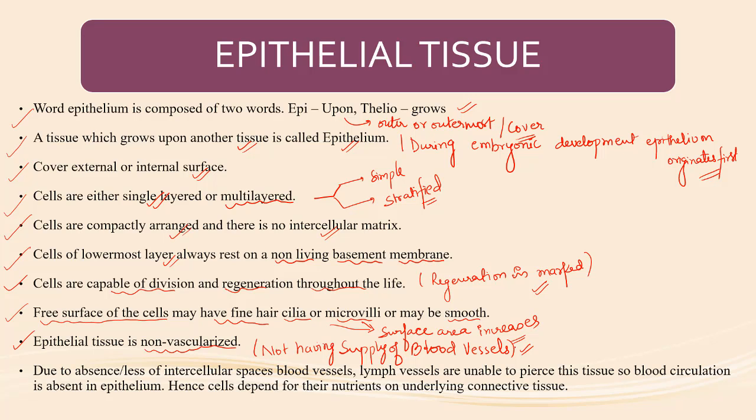Understood? Due to the absence or small amount of intercellular spaces, blood vessels and lymph vessels are unable to pierce these tissues, so blood circulation is absent in epithelium. That is why it is mentioned that they don't have a supply of blood vessels. Understood? Hence, cells depend for nutrients on the underlying connective tissue.